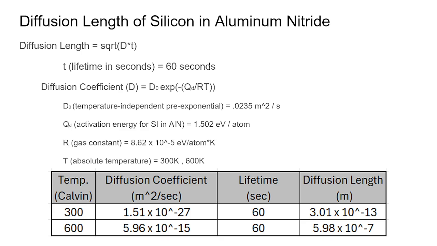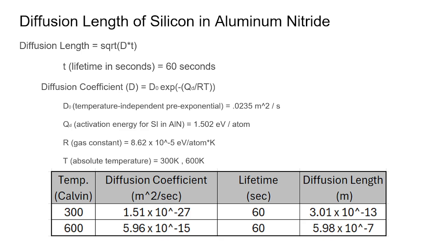Looking at the bottom table, similar to the previous slide, at a temperature of 300 Kelvin, the diffusion coefficient would be 1.51 times 10 to the negative 27 meters squared per second. The lifetime, similar to the previous problems, would be 60 seconds. Plugging those two values into the diffusion length formula, you would get a length of 3.01 times 10 to the negative 13 meters.